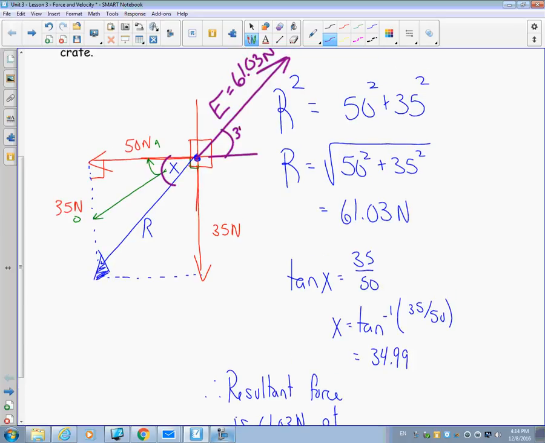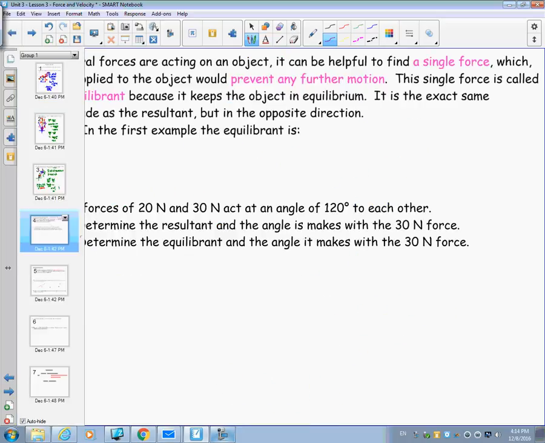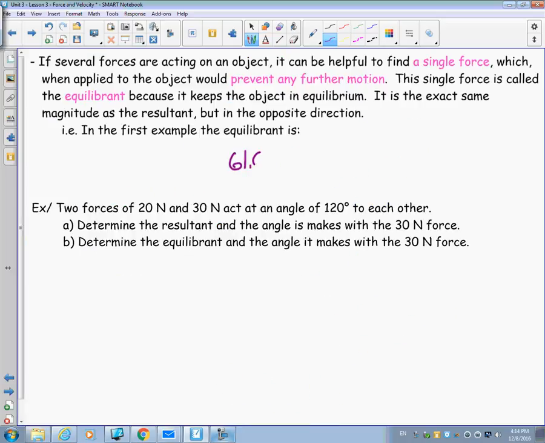So it's still 34.99. But instead of being west and then south, it would be east and then north. We're just going to write that in. So it would be 61.03 newtons at east 34.99 degrees north. The exact same size, but the complete opposite direction. That's what an equilibriant does. It balances out what we started with.